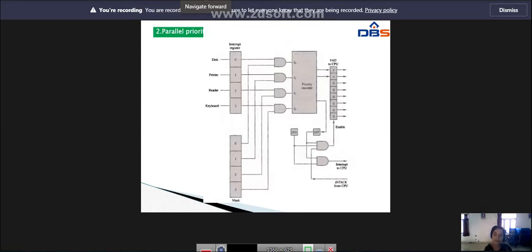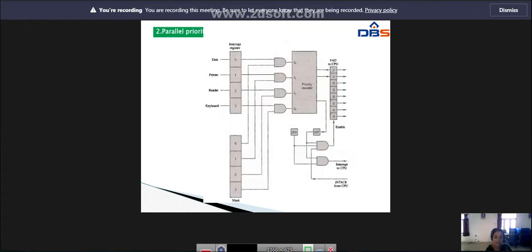The parallel priority interrupt method uses an interrupt register whose bits are set separately by the interrupt signals from each device.